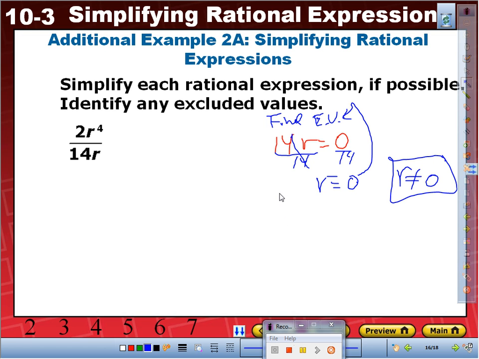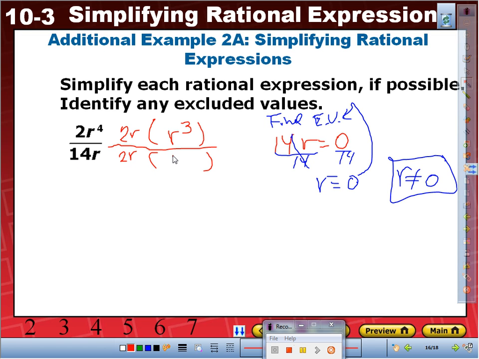Okay, let's see. So far, so good? Okay, so check this out. Next, we need to simplify. First of all, let's identify the GCF between this number and this number. What's our GCF? 2R. So our GCF is 2R. That means we're going to divide this by 2R and divide this by 2R. So let's see. If we divided this by 2R, what's left? R cubed, is that correct?